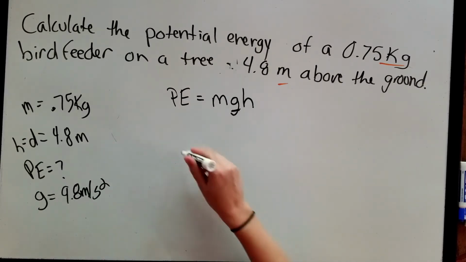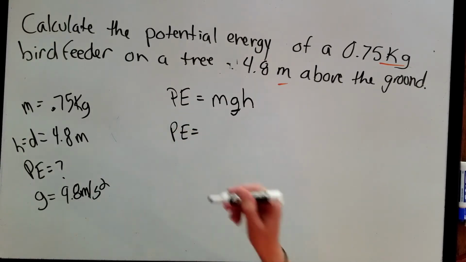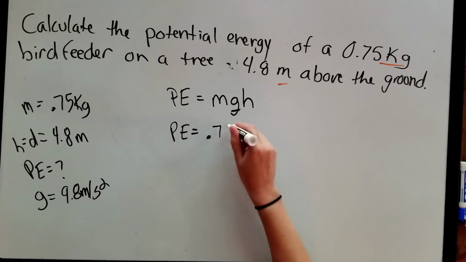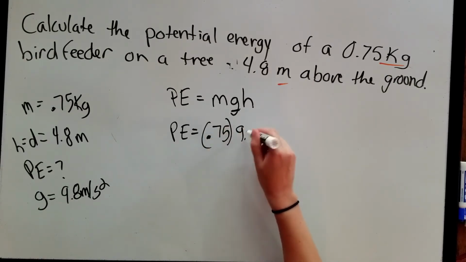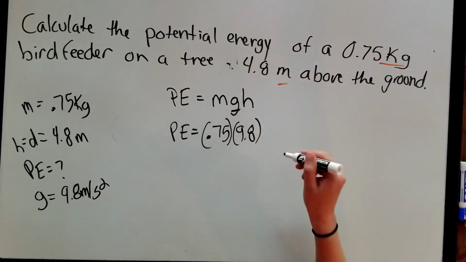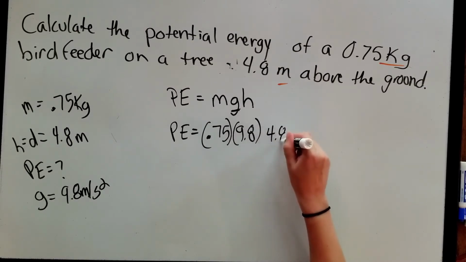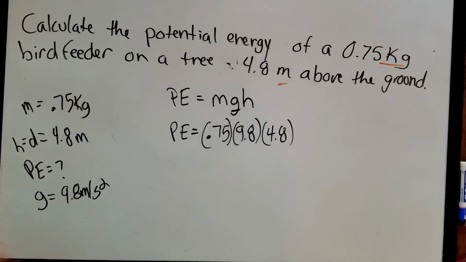So that's why it's involved in this equation. So our mass is 0.75. Plug in our rate of gravity on Earth, 9.8, and then 4.8 for our height, our distance that bird feeder is hanging off of the ground. So plugging these numbers in, I get 35.28.